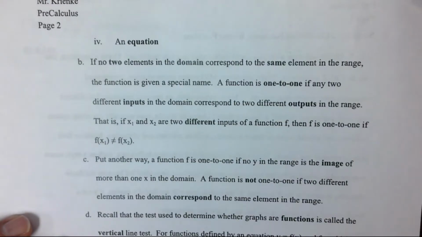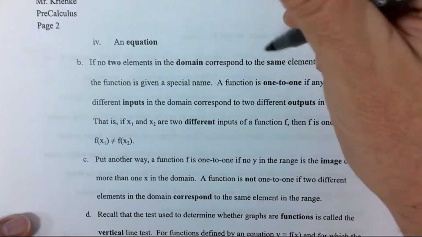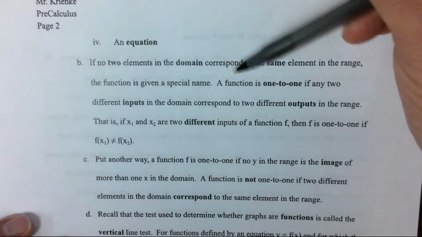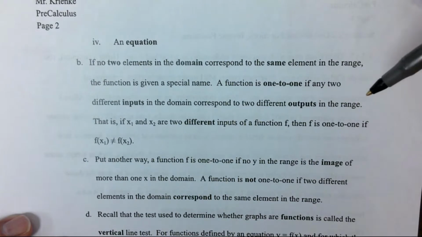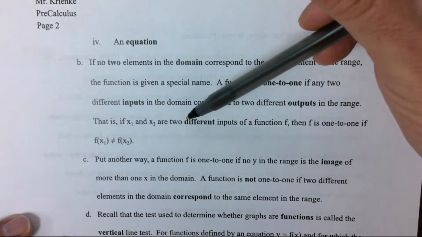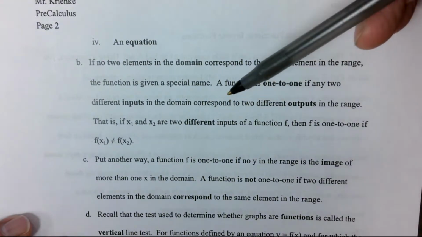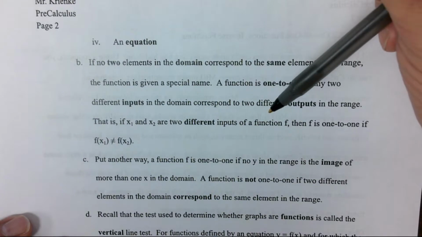If no two elements in the domain, like not two x's, correspond to the same element, then it's one-to-one. So if you do have two different inputs going to the same output, then it's not one-to-one.